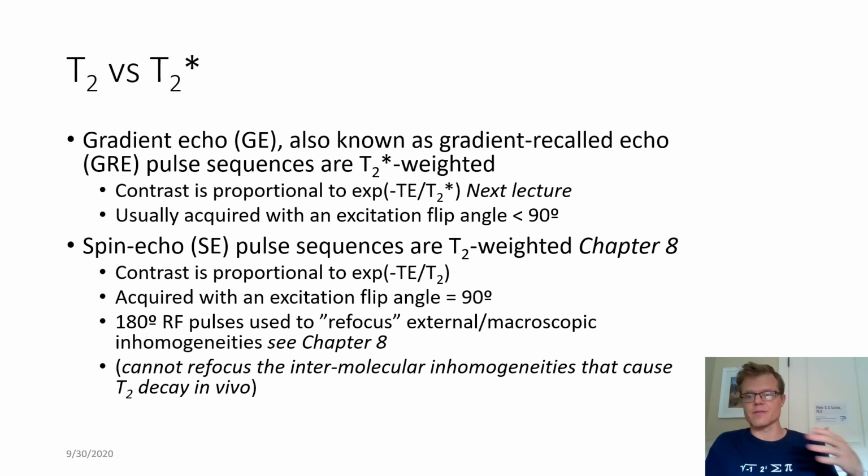We can get rid of these effects, this T2 prime, these effects that cause additional dephasing in T2 star, and we do that through the use of spin echo pulse sequences, which will be covered in chapter 8. There are some fundamental differences between T2 and T2 star related to the fact that T2 is happening at the intramolecular level, where we cannot undo the changes happening between our spins, but we can undo the changes happening between our net magnetizations at the voxel level.